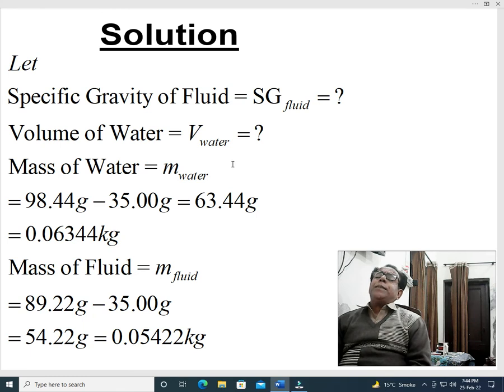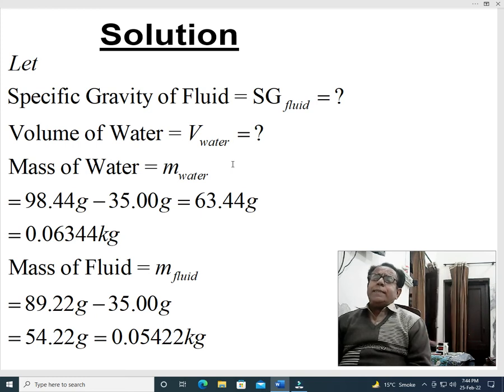Actually, dear students, we are not concerned with determining the volume of water, but it is a part of our sequence, and our problem becomes much easier if we follow a proper sequence. Mass of water is equal to small m water, where water is a subscript of m.